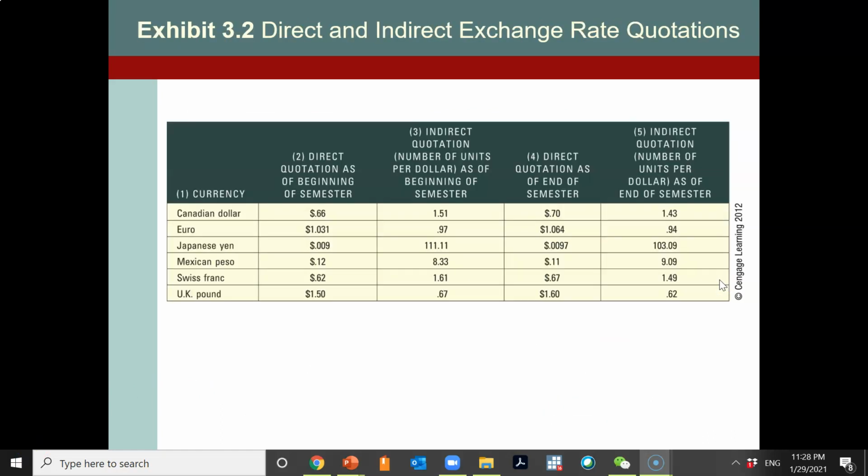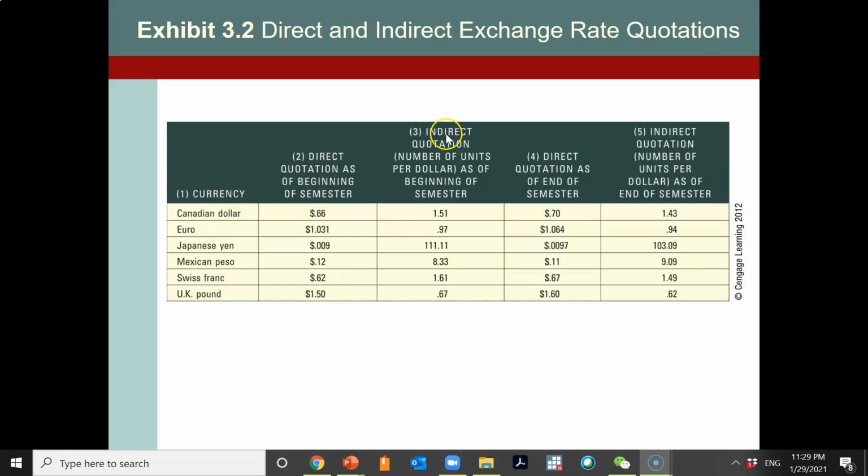Let's look at this graph here of examples of direct and indirect exchange rate quotations. We have 6 different currencies here: Canadian dollar, euro, Japanese yen, Mexican peso, Swiss franc, and UK pound. We have direct quotation as of beginning of the semester, as in the second column here. This is direct quotation, so we know how many dollars each of these currencies is worth.